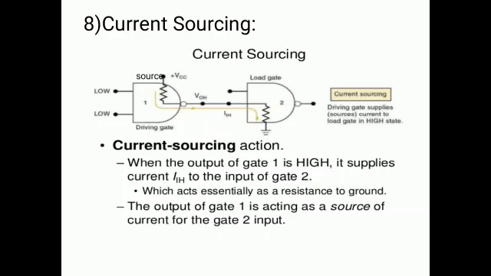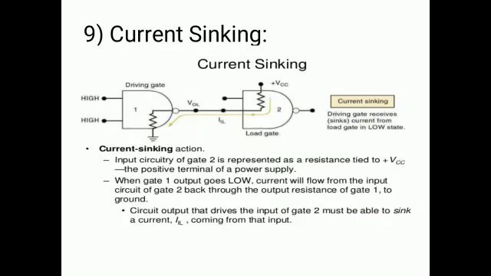This is called as current sourcing. The driving gate sources the current to the load gate. So there is the limit or maximum limit of current sourcing for each gate.